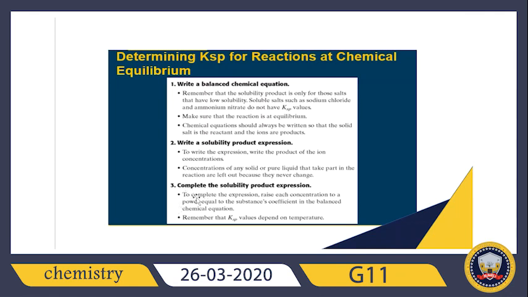To complete the expression, raise each concentration to a power equal to the substance's coefficient in the balanced chemical equation. Remember that the KSP value depends on temperature, so we usually measure the KSP value for most salts at 25, but of course if you change the temperature, the KSP value will change as well.